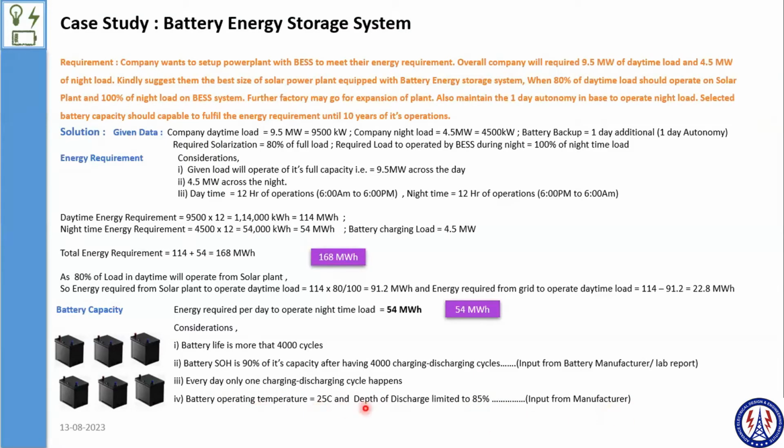The round trip efficiency of the battery, the charging-discharging cycle efficiency, is more than 95%.